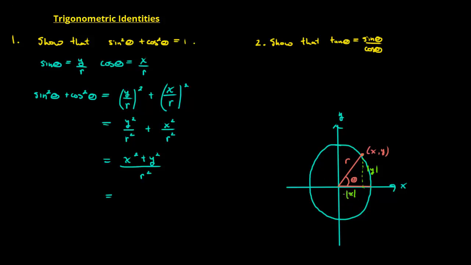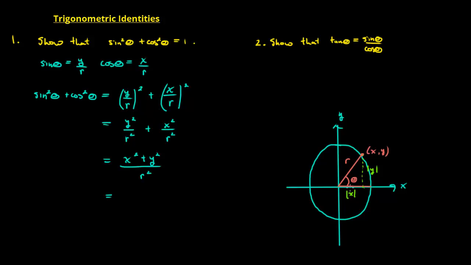That's why I have to say that a distance is always positive. So if I square x, that's the same thing as squaring the absolute value. So I can think about this as the absolute value of x squared plus the absolute value of y squared.